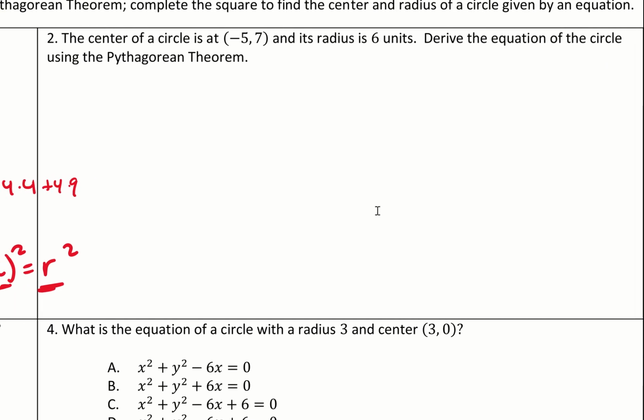All right, so next question is the center of a circle is at -5, 7, and its radius is 6. Derive the equation of the circle using the Pythagorean theorem. Okay, so what we're going to do is we're going to kind of just quickly draw this circle.